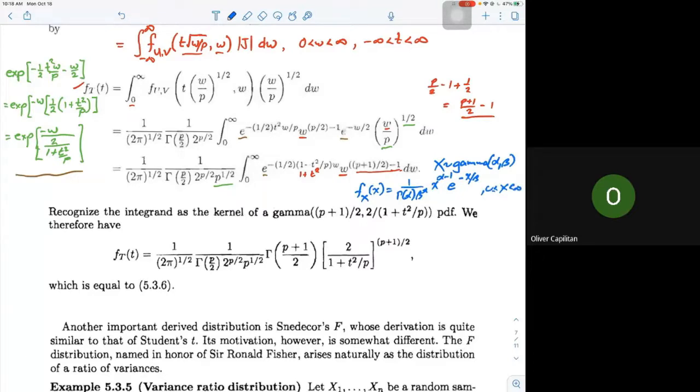So this now is W. This is the X here, this is now W. W raised to P plus 1 over 2 minus 1. While for e to the negative X over beta, our beta now will be just this. If you look at the expression of e there, this W is like this X. So that is our scale parameter.